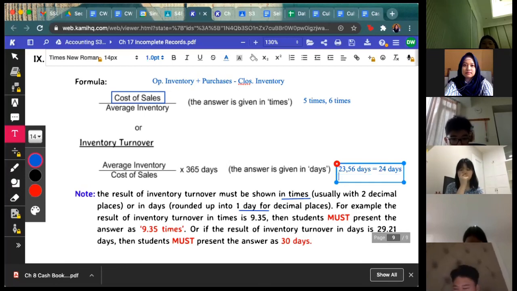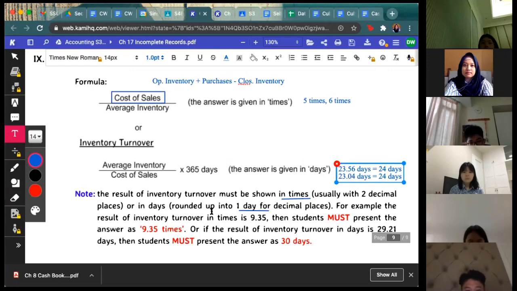So if you have 23.004 days, how are you going to record this? Still 24 days. Do not round it down when it comes to days. Clear? So you must round it up.